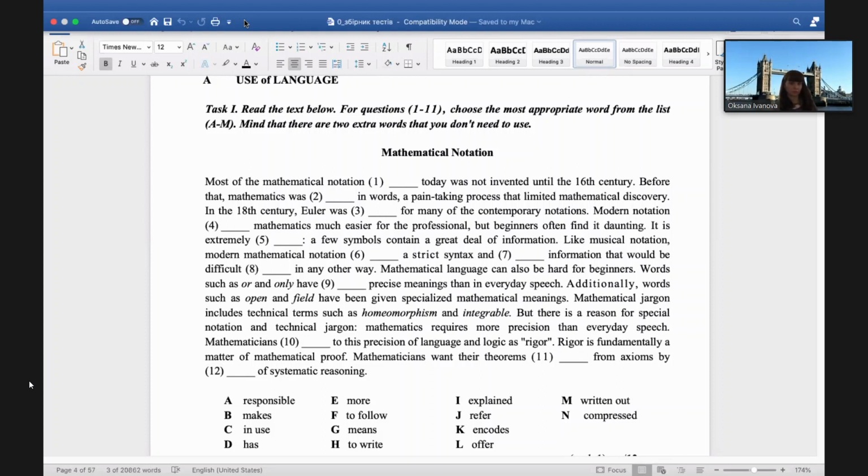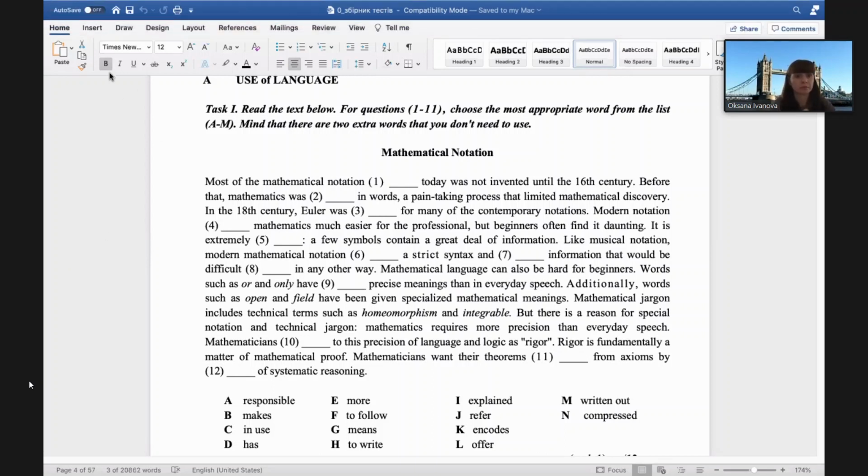Maybe we can start. Yeah, if you are ready, of course, we can start checking. Okay, who will answer? Any volunteers to answer?